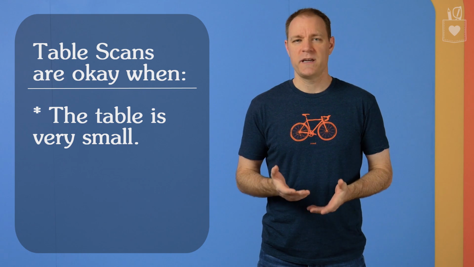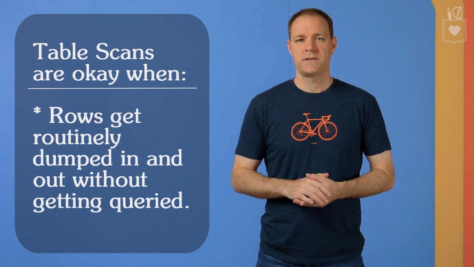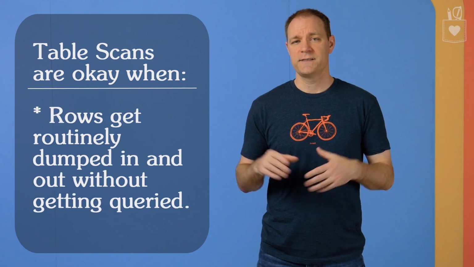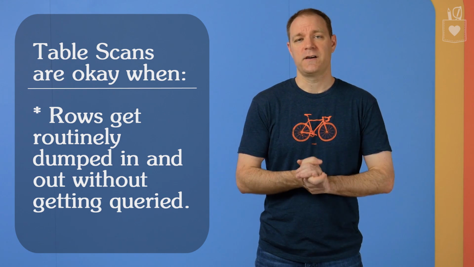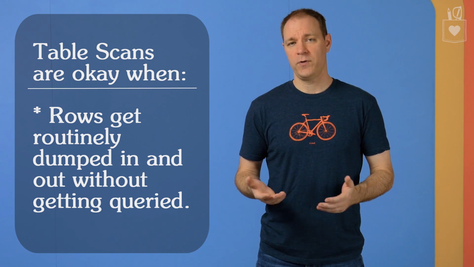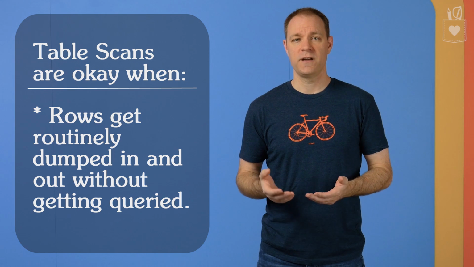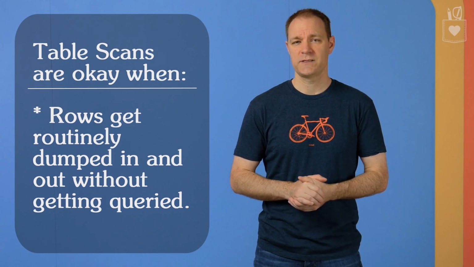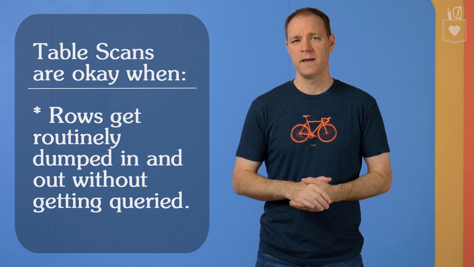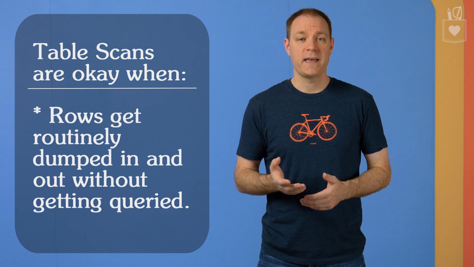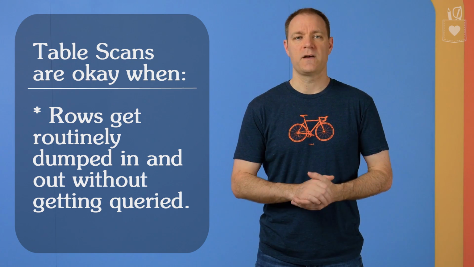There are other times where table scans aren't so bad either. Say you have an ETL process that flushes and fills a table with no clustered index on it. It could be that that process will run a lot faster if you don't have a clustered index because things don't need to be ordered as they come in and out. It's important to point out in that case that you don't want to be deleting from that table.